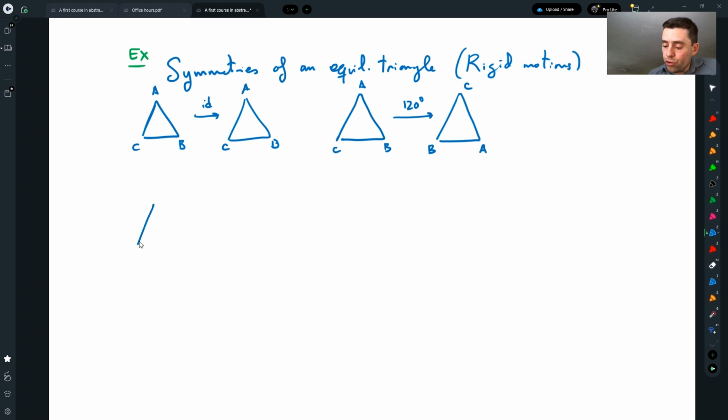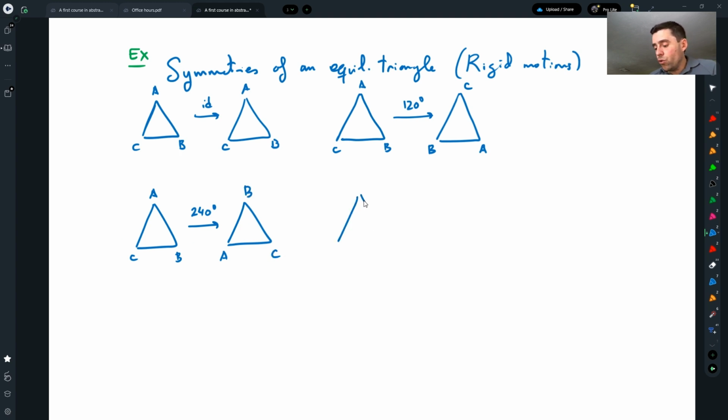I can also do the 120-degree rotation twice, a 240-degree rotation, so that A will end up here, B here, and C here.